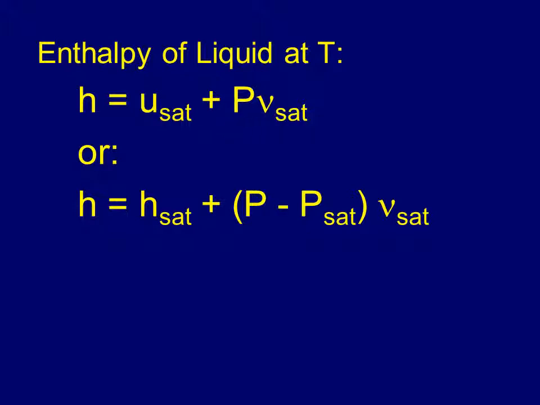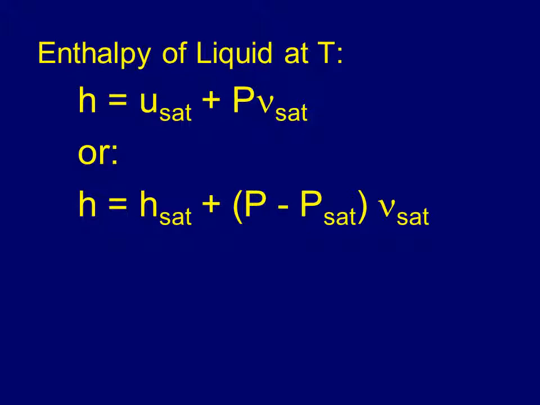That should give us something a little bit closer to the H of the compressed liquid, because we're making the approximation that U saturated represents the internal energy, and adding on the PV term, but this time using the actual P rather than the P saturated that you'd find from H_f in your tables.